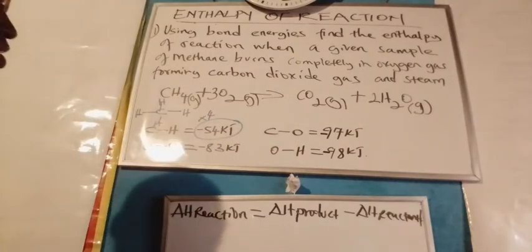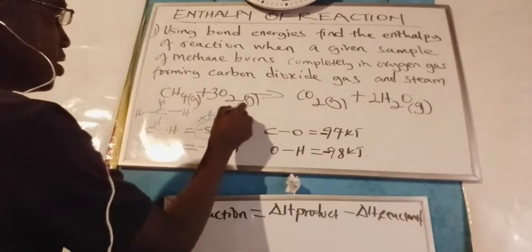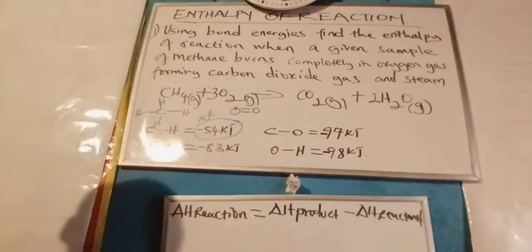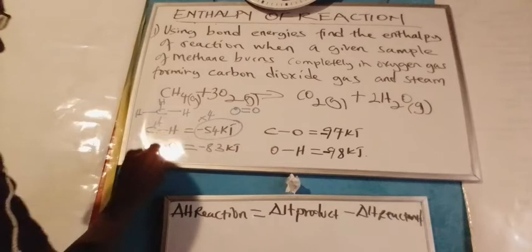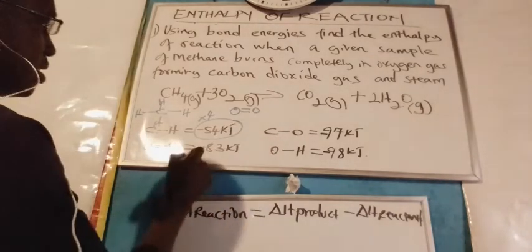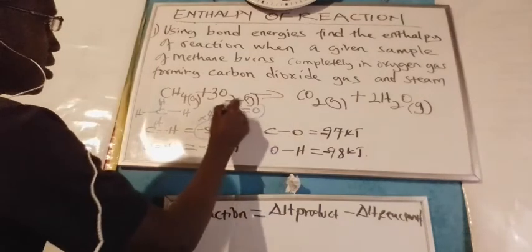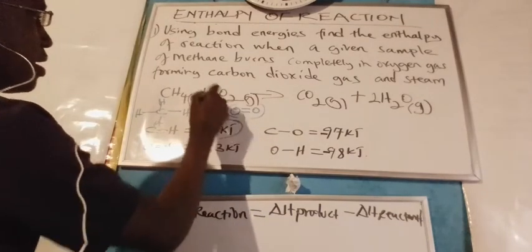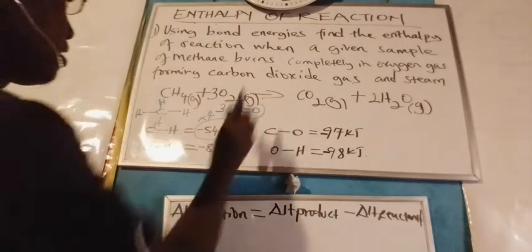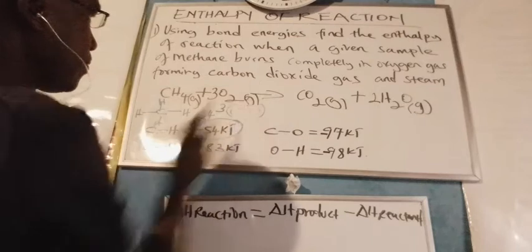The second is oxygen bonding with oxygen, normally a double bond. So oxygen and oxygen double bond is negative 83. So this is going to be a multiple of 3 based on the number that we have there. So we're going to say 3 times negative 83.